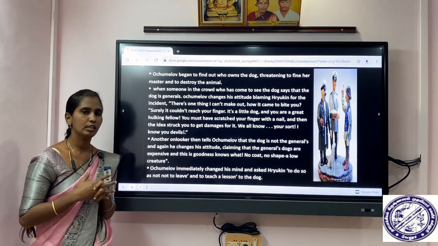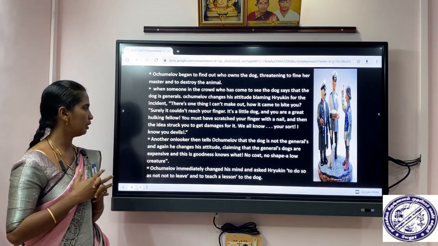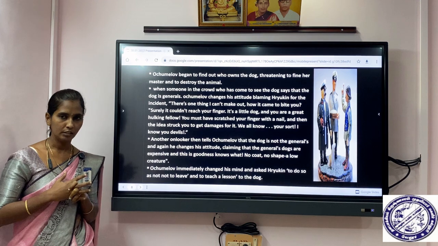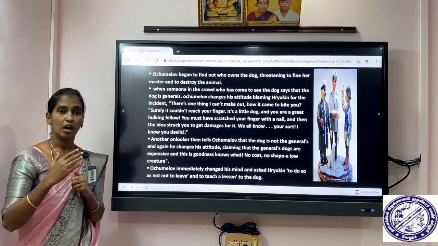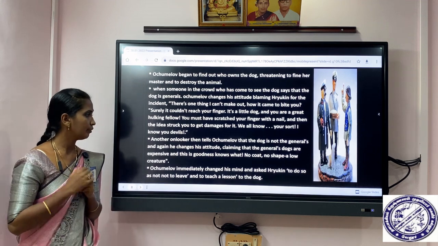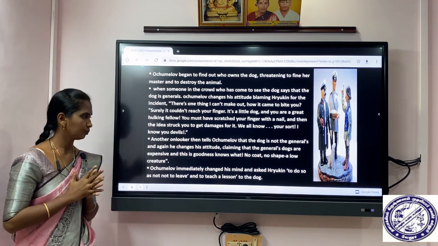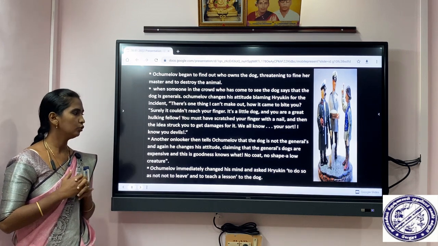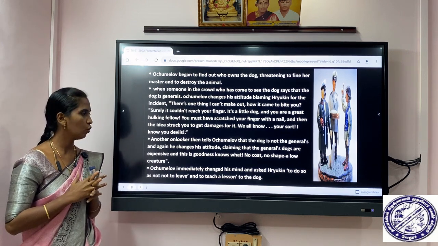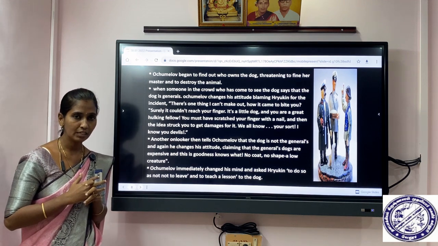And again, someone from the onlookers told Ochmiller that the dog is not the general's. When he gets this information, again we see how his attitude changes. After hearing this, he says that the general's dogs are expensive and this is goodness knows what, no coat, no shape, a low creature.